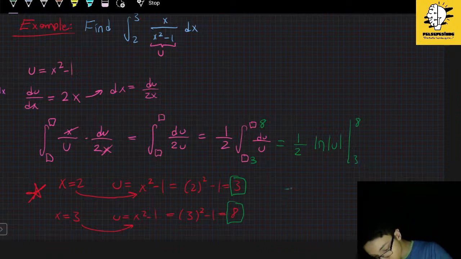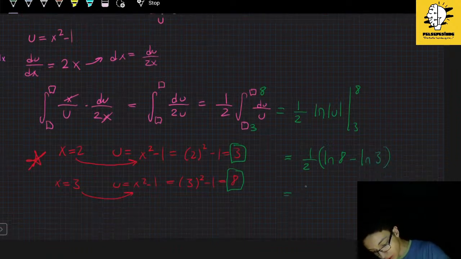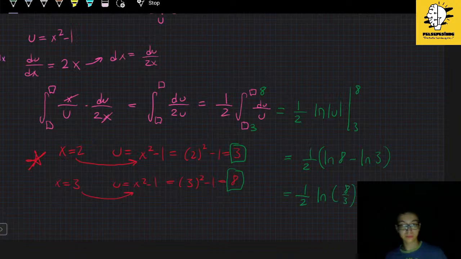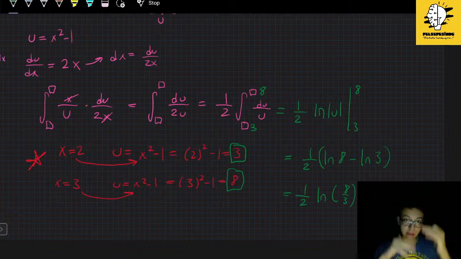Therefore, it will be equal to 1/2 (ln 8 minus ln 3), and it will be equal to nothing but 1/2 ln(8/3), since in subtraction of logarithmic functions, we know that a negative sign means divided.